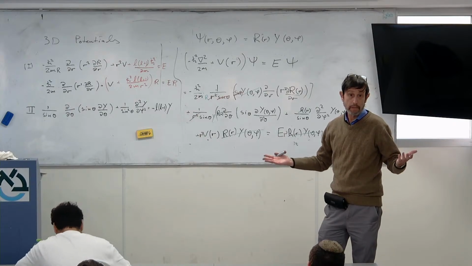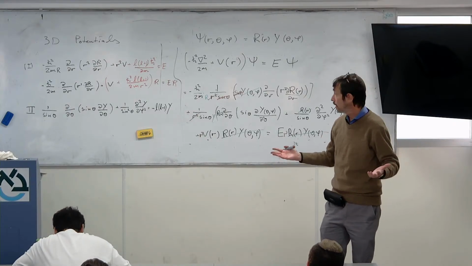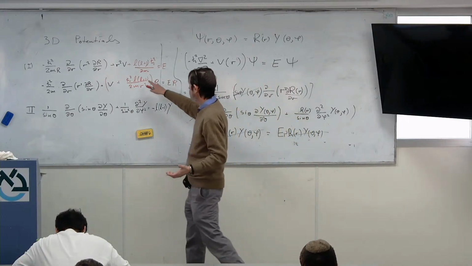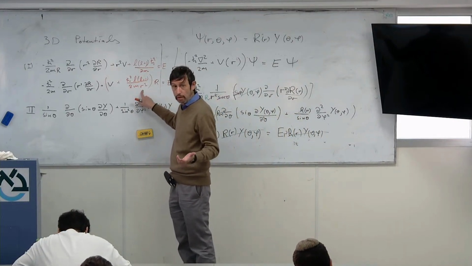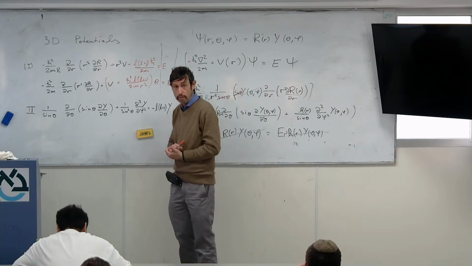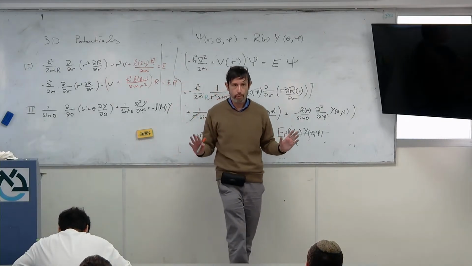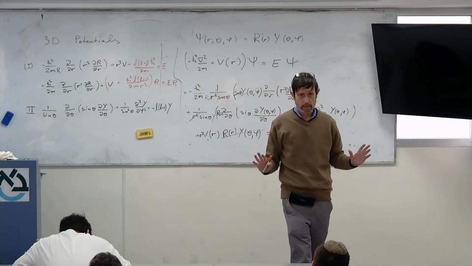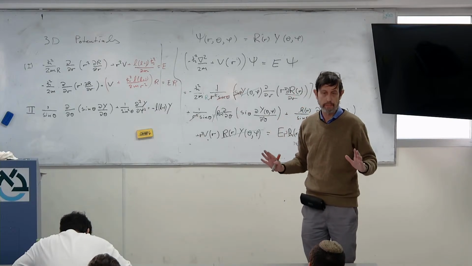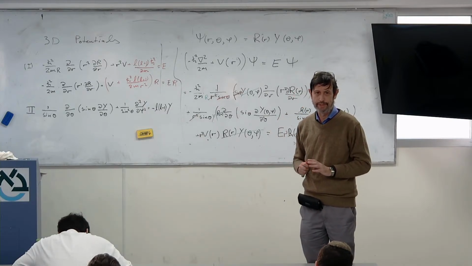Got another part. The potential, is it still central? Definitely. This is a constant, and 1 over r squared is still a central potential. So from that point of view, nothing too drastic happened, but the potential has a correction.